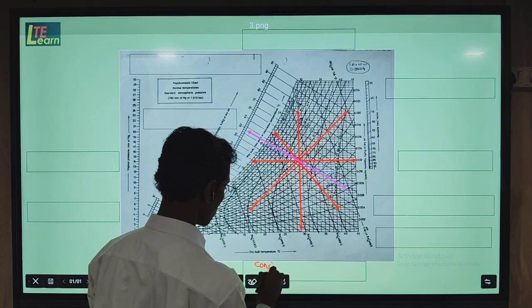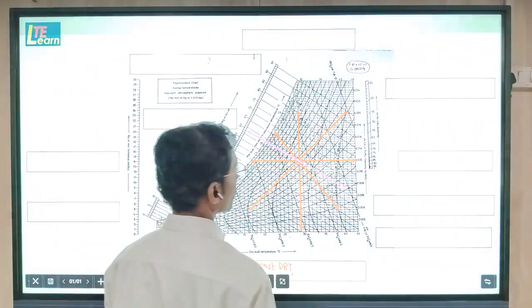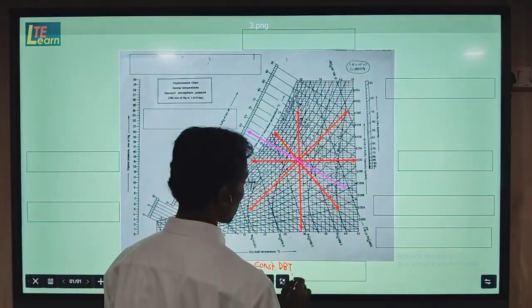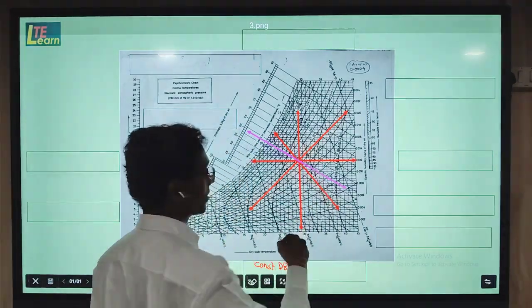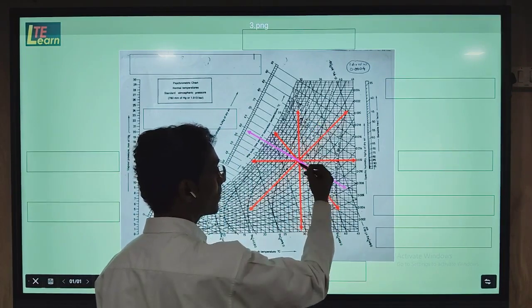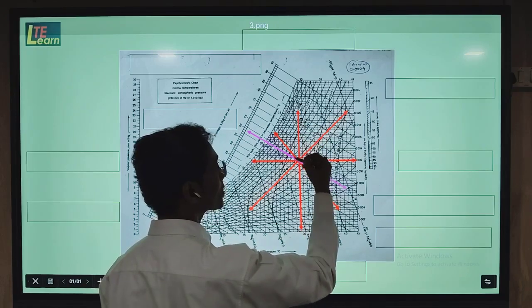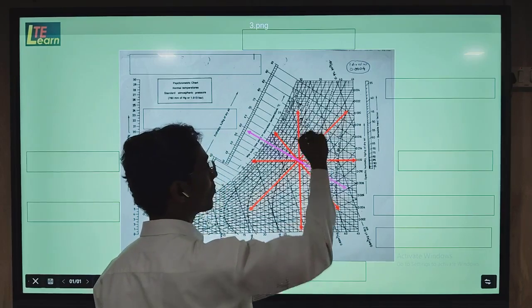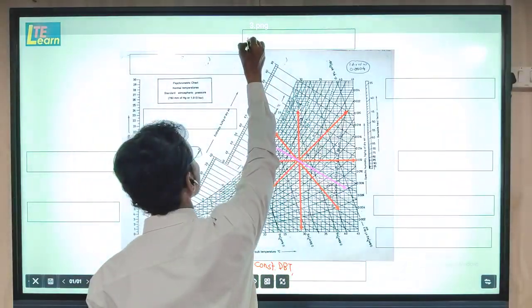So at constant dry bulb temperature, there is a change in humidity. There are two cases: addition of moisture and removal of moisture. Addition of moisture is shown by this line moving in the upward direction. This process is called the humidification process.